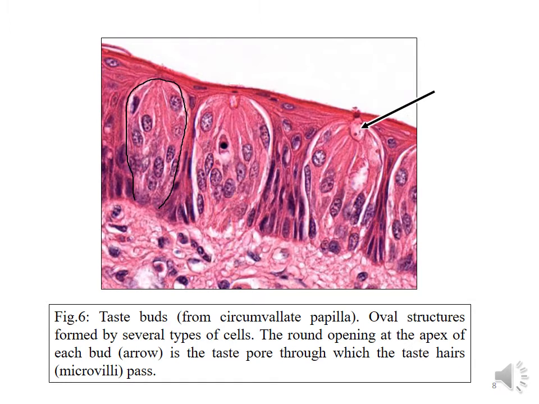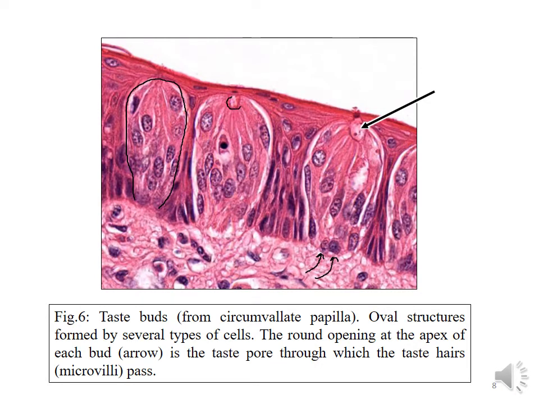However, these nuclei, which are located at the bottom of the taste buds, are the nuclei of the basal stem cells. But it's not important for the practical to identify the different types of cells in a taste bud. What's important is that the taste bud has a round opening at its apex.